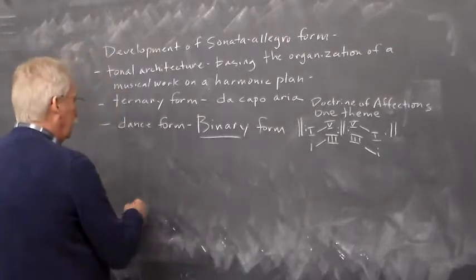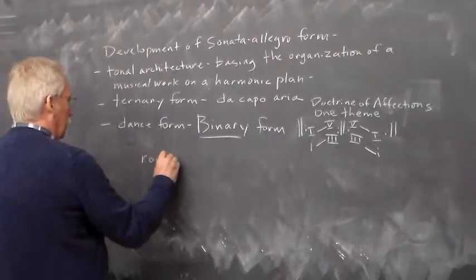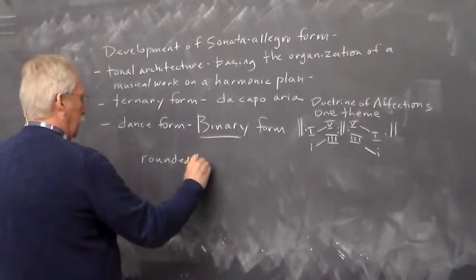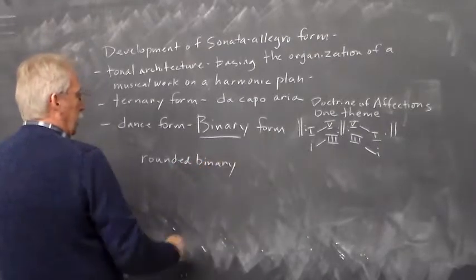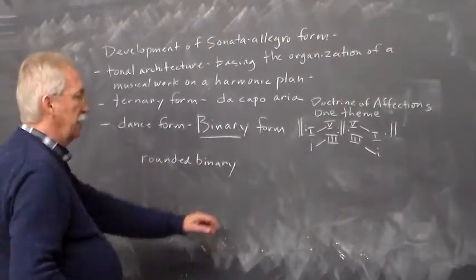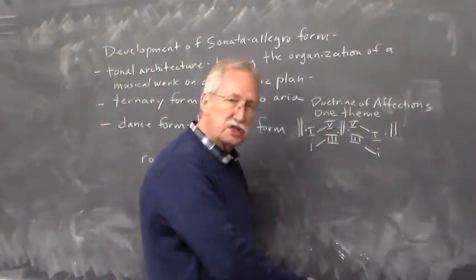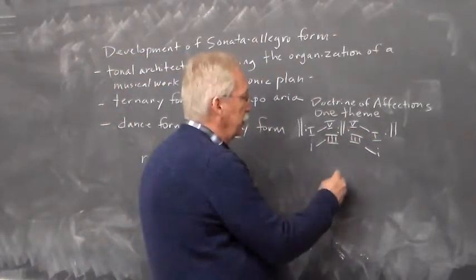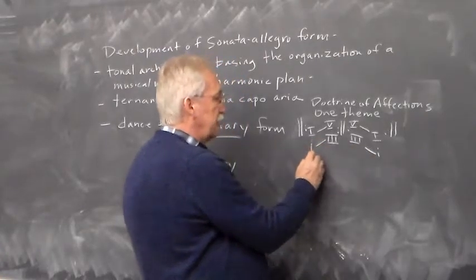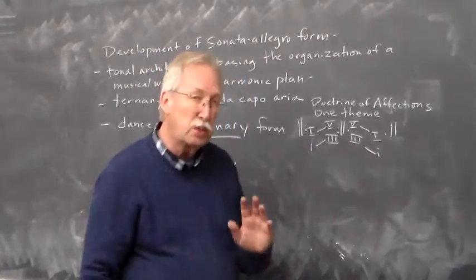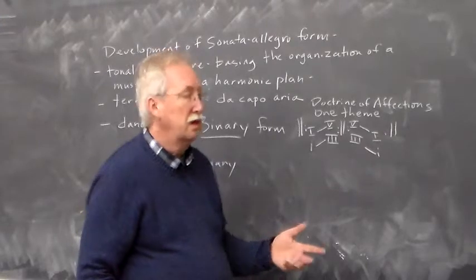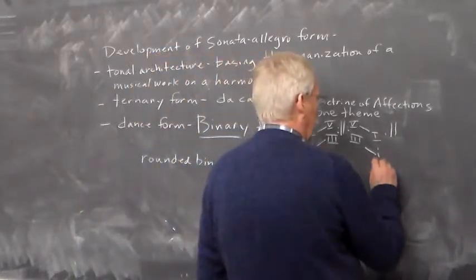So rounded binary is basically going to take this idea, and when it returns to tonic in the second half, then it's going to restate just a portion of the opening. So it has the recapitulation idea as well.